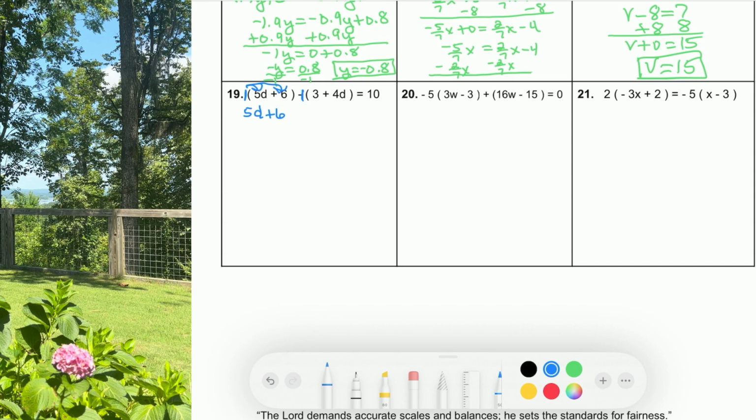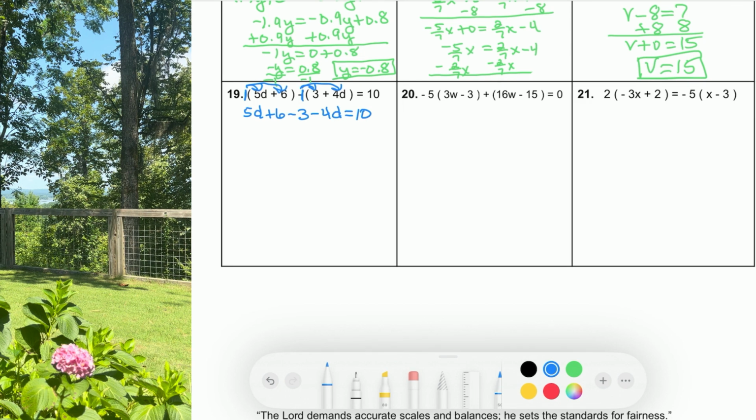But when we multiply a negative 1 times something, things do change because of that negative sign. So a negative 1 times a 3 is a minus 3. Negative 1 times 4d is a negative 4d. So it does matter if there's a minus sign out there. So let me draw the arrows so y'all can see what we did.